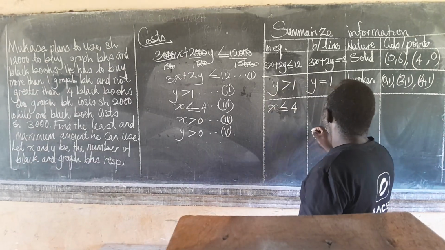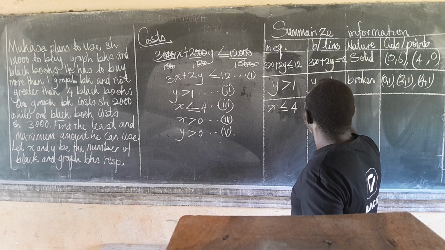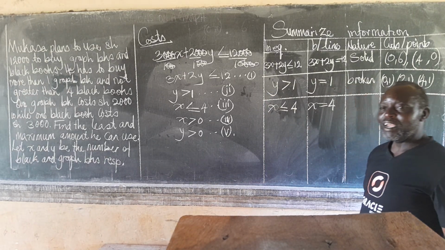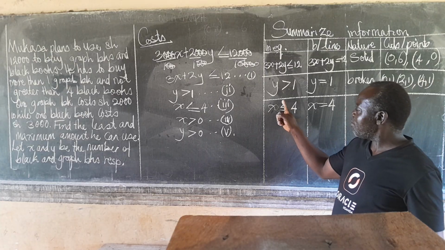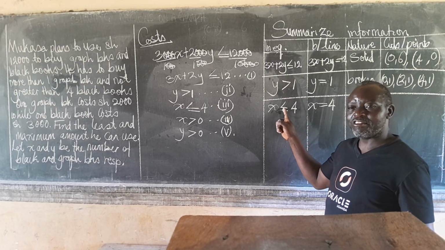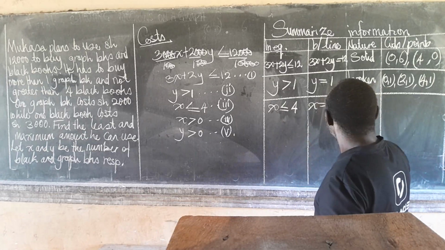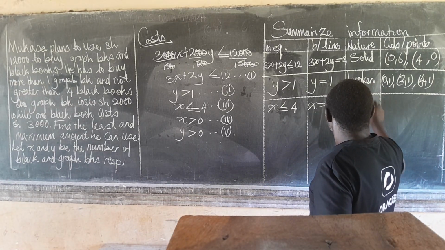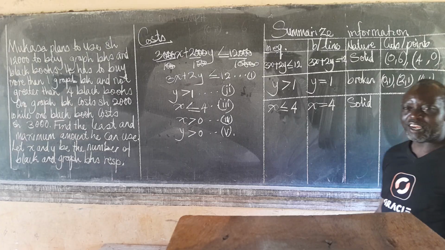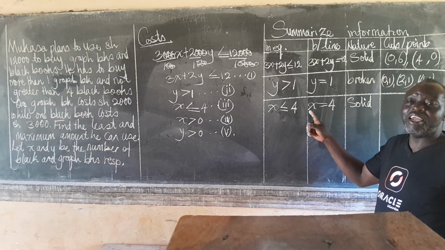Good. So here we are having x equals 4. Now, when x equals 4, remember that here we have an equal sign embedded in this. They are combined. Therefore, the line here has to be solid. That's a solid line.